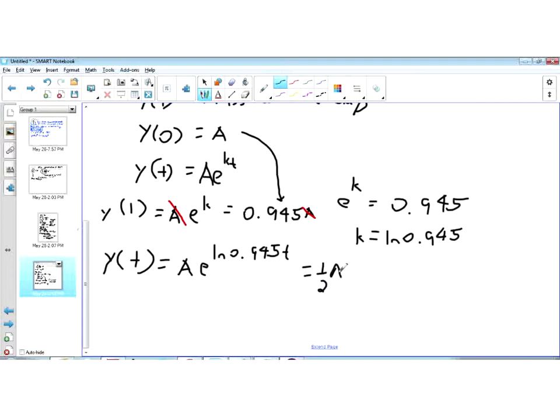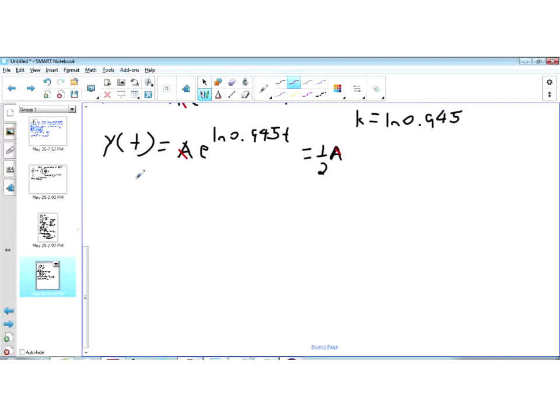So we need to solve for t so that the amount is equal to half the original amount. All right, so again, the a's cancel, and we need to figure out t. So when does y of t equal 1/2 the original amount?